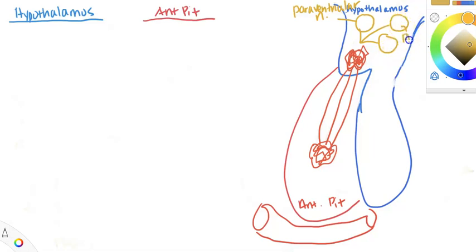This is the preoptic nucleus, and this one will be the arcuate nucleus. So the paraventricular nucleus makes CRH, and CRH is corticotropin releasing hormone.